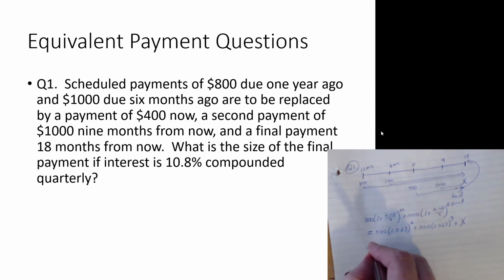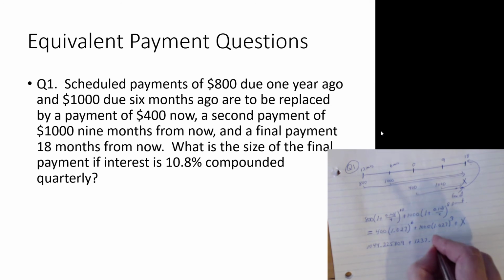Anyway, so once we work this all out, we get 1,044 with lots of decimal spots, plus the future value of that $1,000 payment, $1,237, and again a bunch of decimal places.